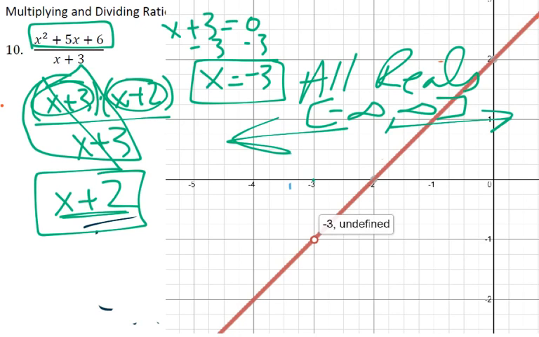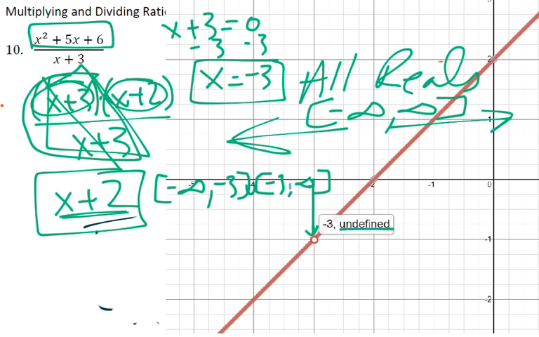At x equals negative 3, look what we've got. We've got a hole in here. It's not defined. Okay? So technically, our domain should actually be negative 8, comma, negative 3, and then union negative 3 to infinity, because it has that hole in there, made from the piece that eliminates.